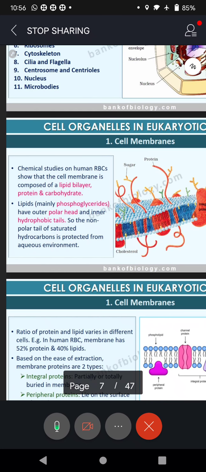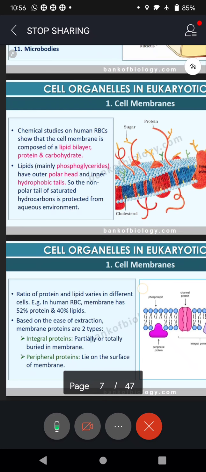So when we say bilipid layer, lipids, that is fats, they are basically phosphoglycerides, and they have two regions, one polar head and hydrophobic tail. Now I will expand that. I will show here.